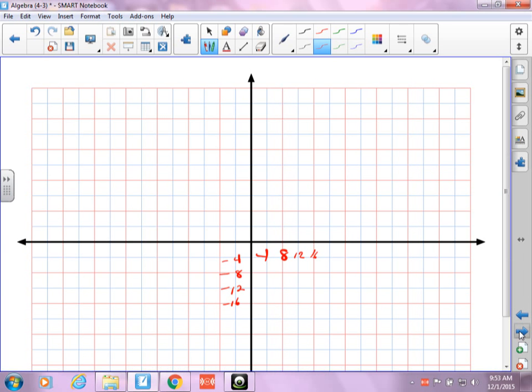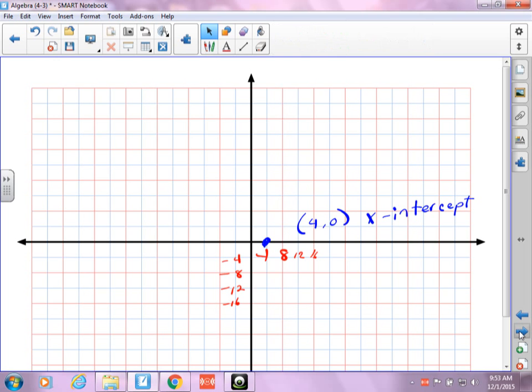So I'm going to go 4, 0. Here's my first x-intercept. So it's 4, 0. It's the x-intercept. Okay, and then the other one was 0, negative 16 right here.